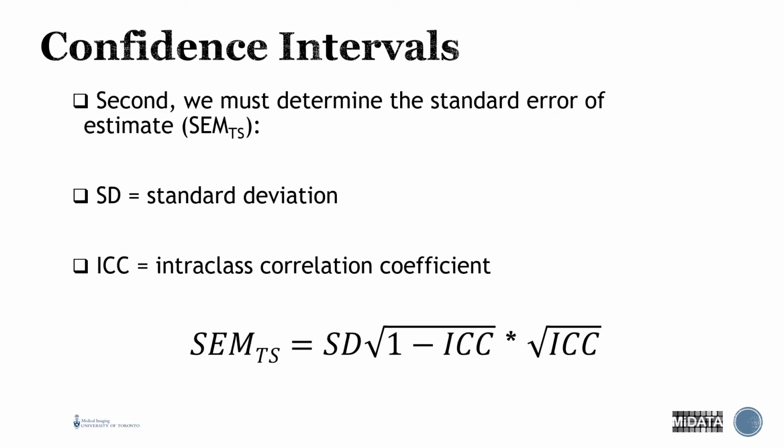Then we must determine the standard error of estimate, denoted here as SEMTS for true score. In this case, the standard error is obtained by multiplying the standard deviation by the square root of 1 minus ICC, which you'll remember is the standard error of measure, and all of this multiplied by the square root of the ICC again.